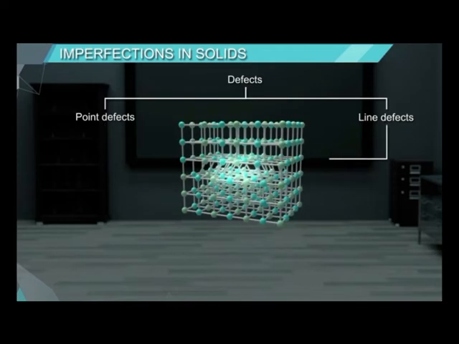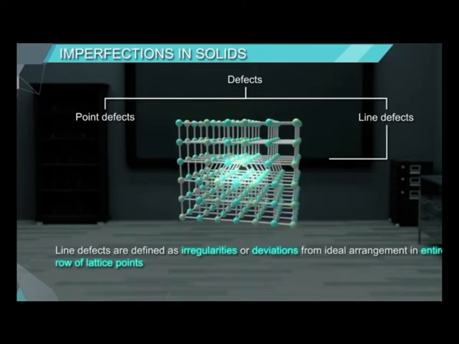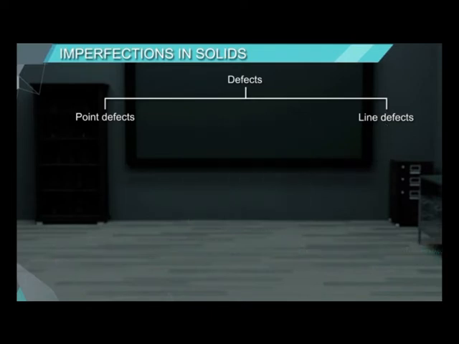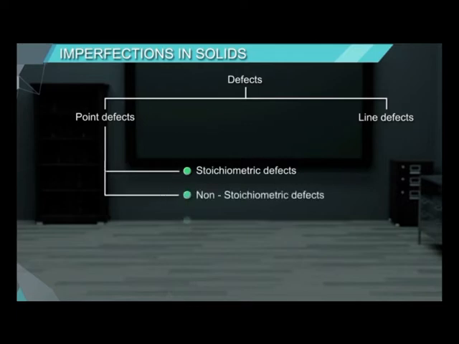Line defects are defined as irregularities or deviations from ideal arrangement in an entire row of lattice points. In this chapter, we will learn only about point defects. The point defects can be further classified into stoichiometric defects, non-stoichiometric defects, and impurity defects.